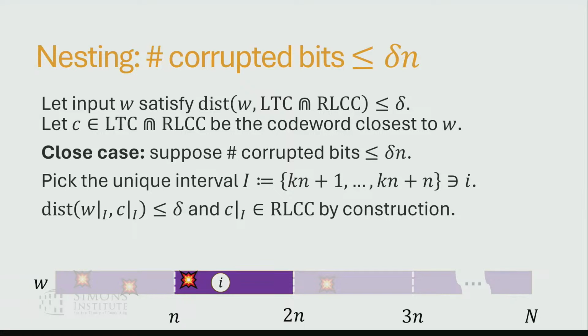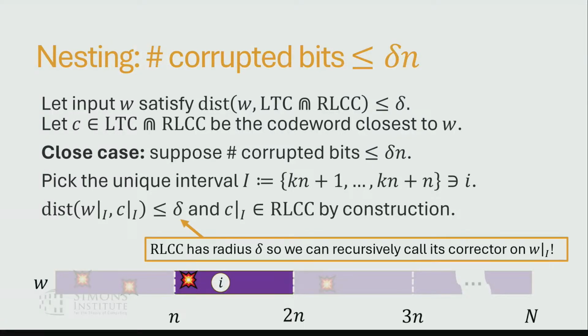In the worst case, all of the corrupted bits will be in this interval, but then you normalize by little n, and the distance is now delta, which is the correcting radius of the smaller RLCC. And also, the closest code word when restricted to this interval is also a code word of the smaller RLCC. So we can just recurse on this substring, and we're done.